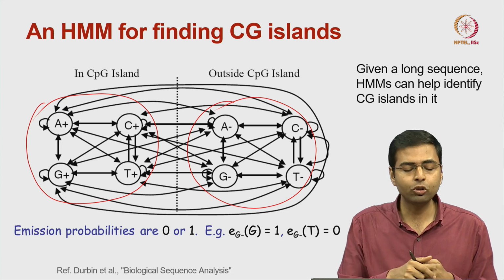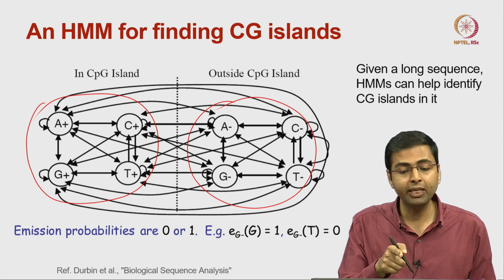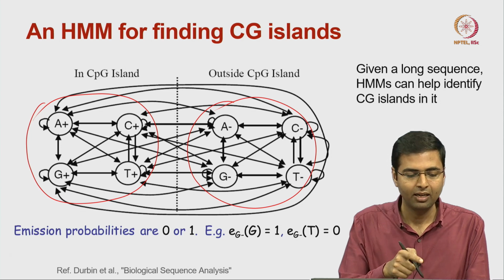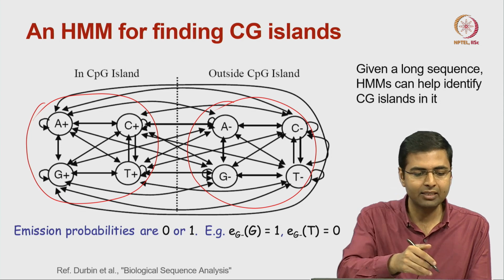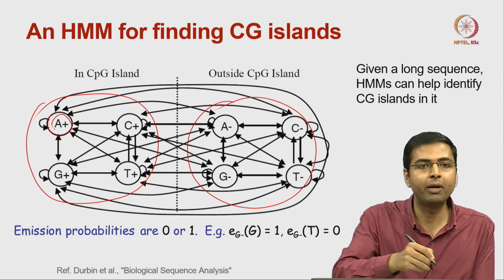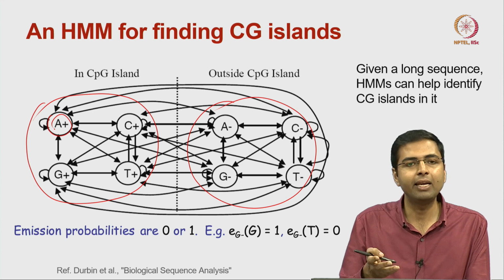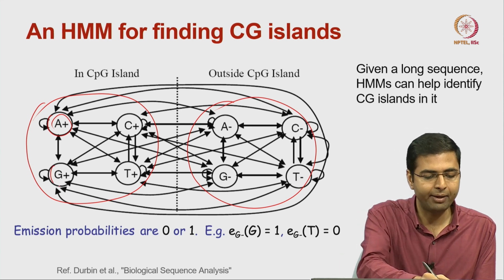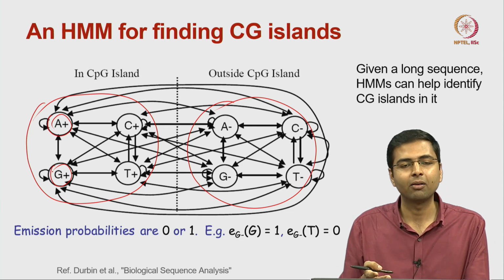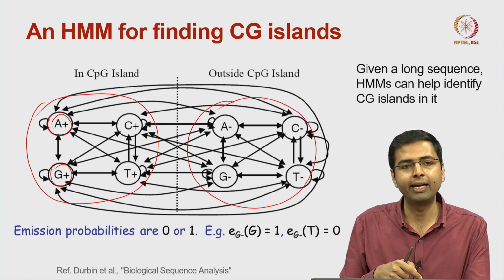In this figure I am not showing you the emission probabilities, I am only showing you the hidden states, but the emission probabilities are obvious. That is, A plus emits A with probability 1 and the remaining bases with probability 0. Similarly, G plus emits G with probability 1 and it emits other bases with probability 0.